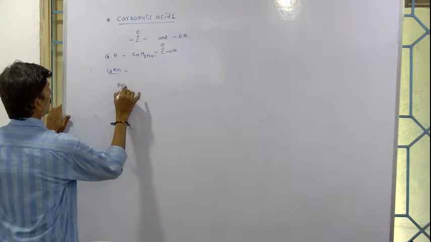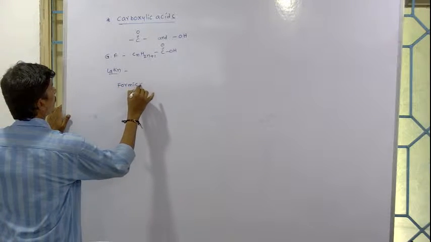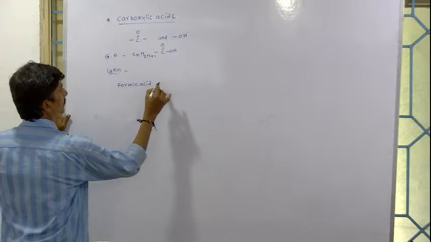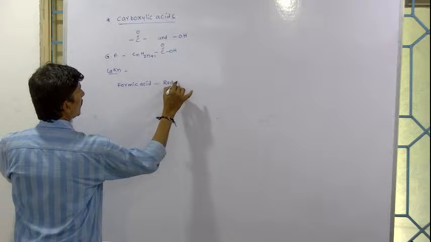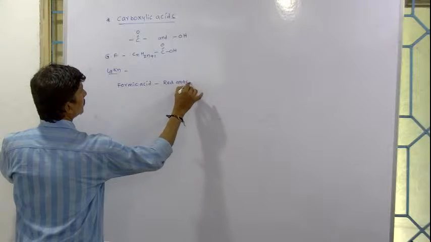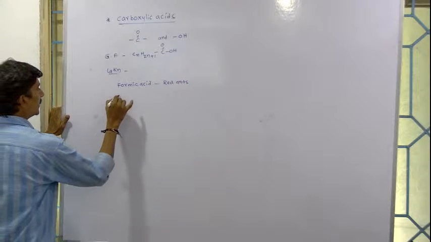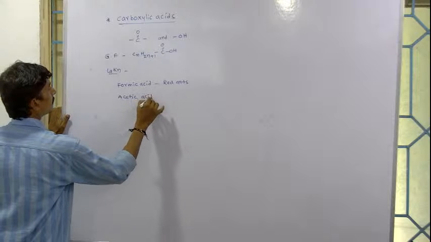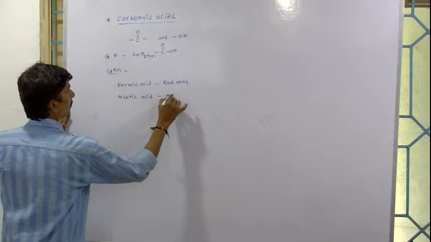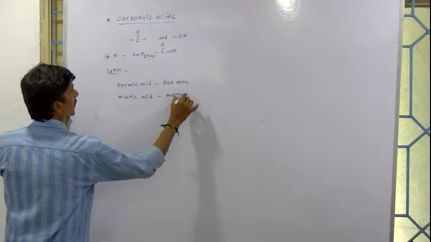For example, formic acid obtained from the insects or red ants. Acetic acid obtained from the acetum.